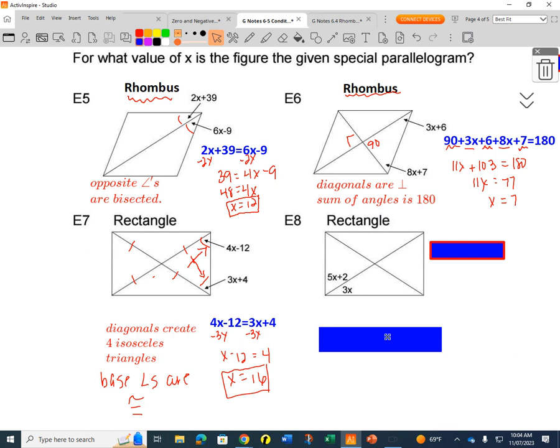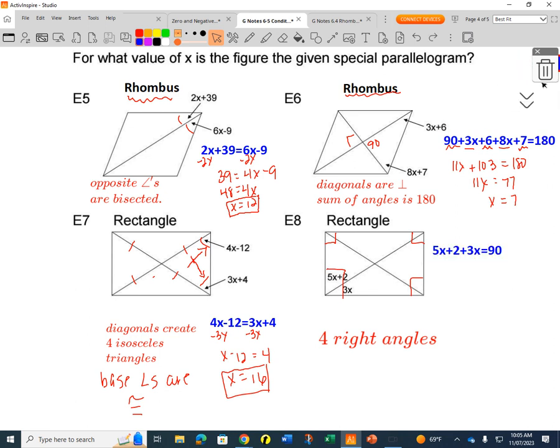Yes, very good. So we need to know that there are 4 right angles, and we're going to mark those there. And so now we know that this angle plus this angle equals, what makes it a right angle? It's 90 degrees, right? So now we know this angle plus this angle equals 90 degrees. And then we're going to solve for x.